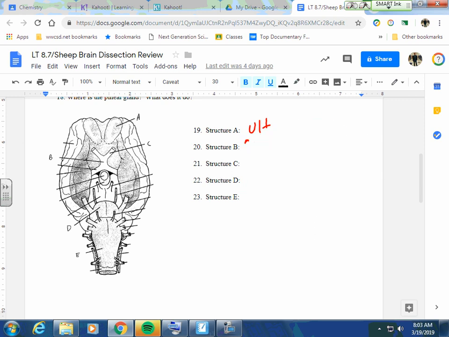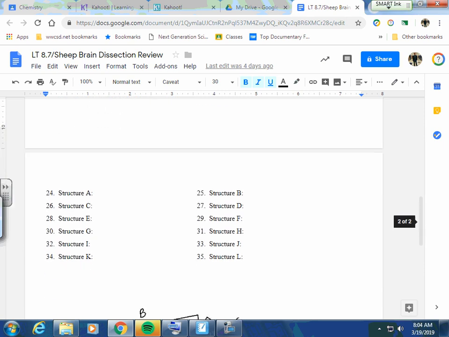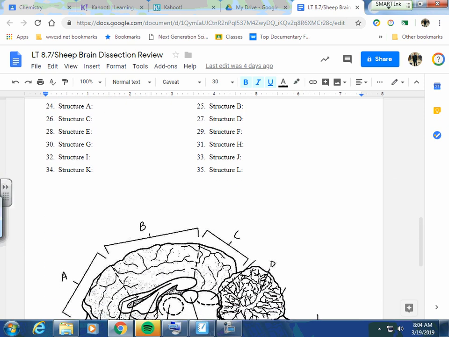It's going to be multiple choice. All right, and then we have quite a few of them here. Structures A, B, C are going to be the frontal lobe of the cerebrum. You should know for sure that those are all cerebrum, okay?